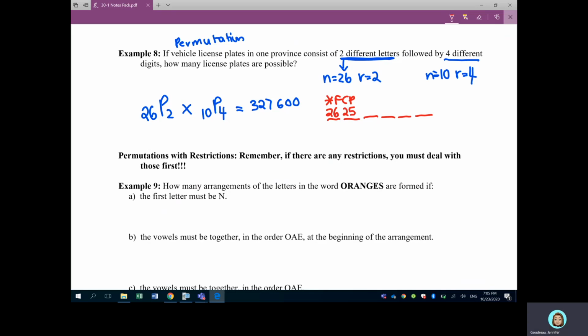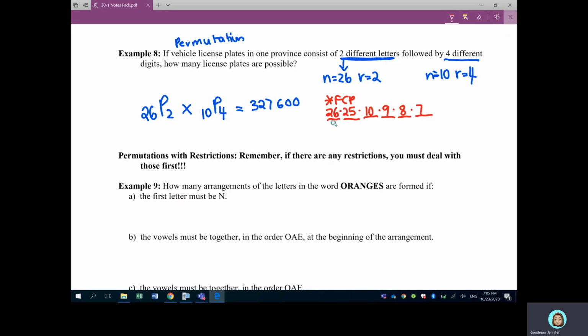Now we're moving to our digits. For the first digit, we have 10 choices, but it does say 4 different digits, which means whatever I put down in that blank, I cannot use again. So only 9 choices for the next spot, 8 choices, 7 choices for the last position. The fundamental counting principle says multiply all 6 of those together.